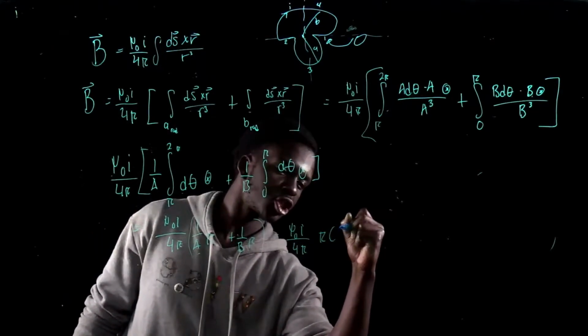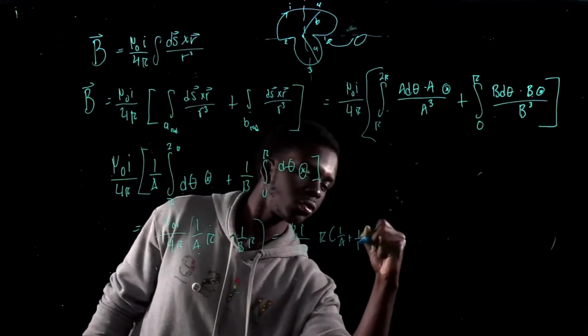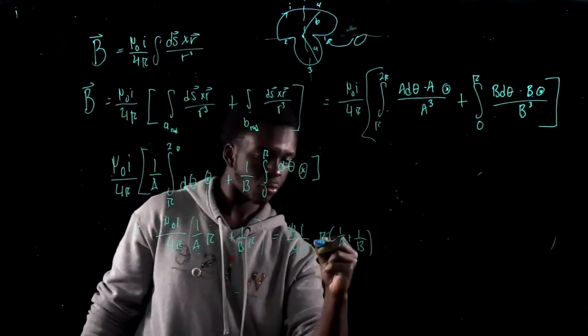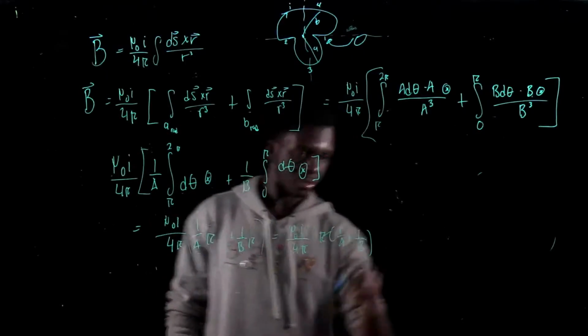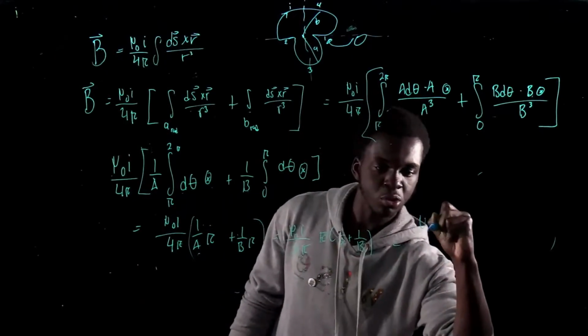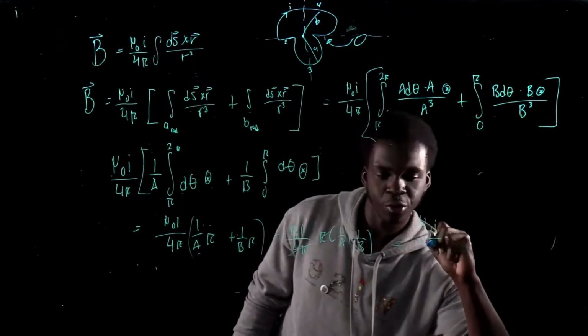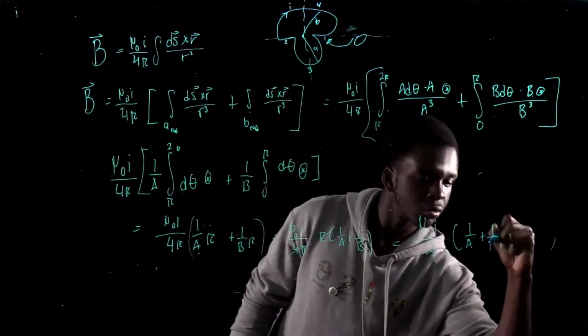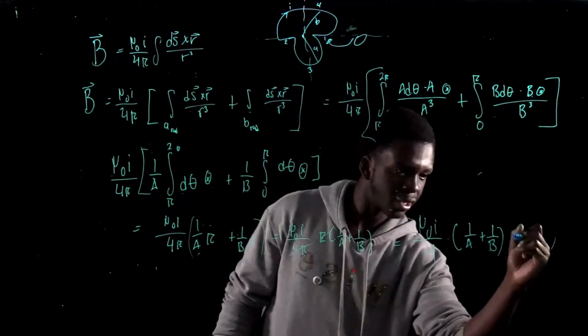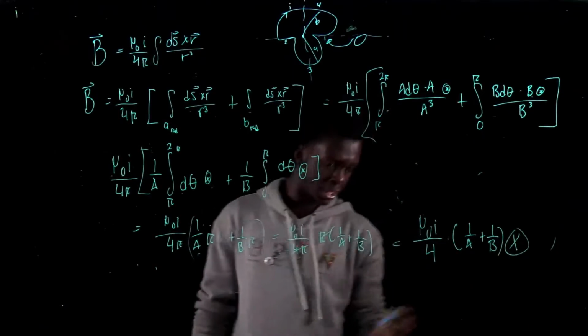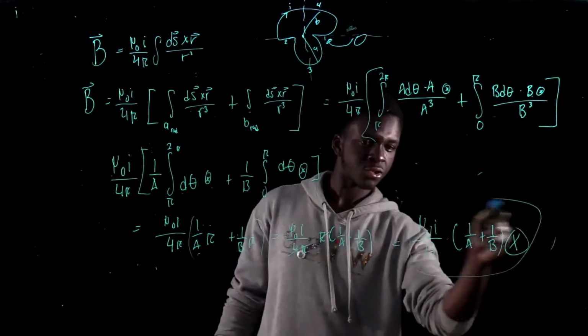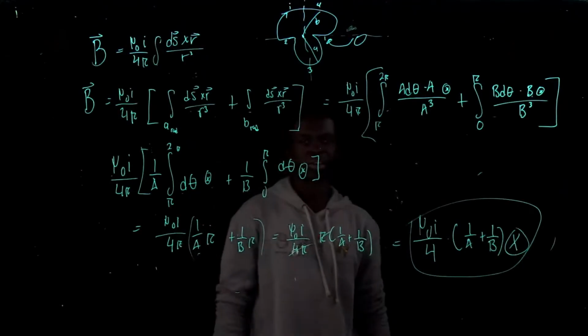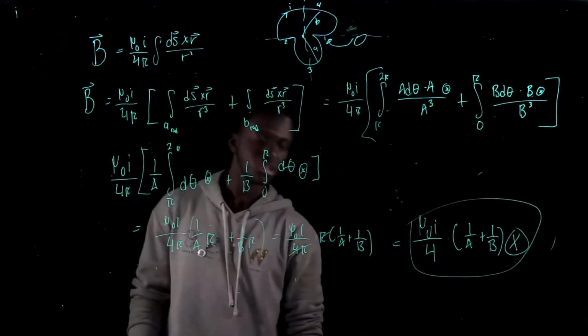Then you take out the pi, which is going to be 1 over a plus 1 over b. So the pi's go away, and the final answer is going to be mu naught I over 4, times 1 over a plus 1 over b, and everything goes into the page. That should be the final answer for number 1. And that's it, simple and easy.